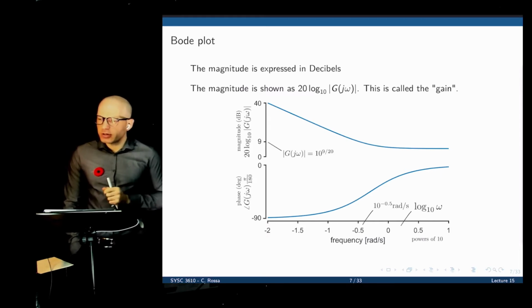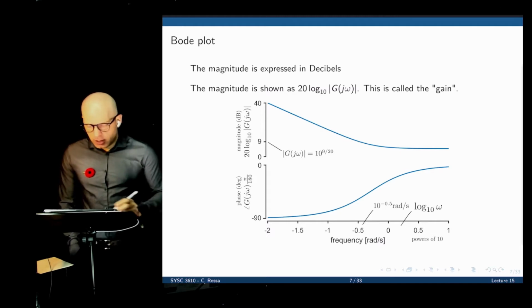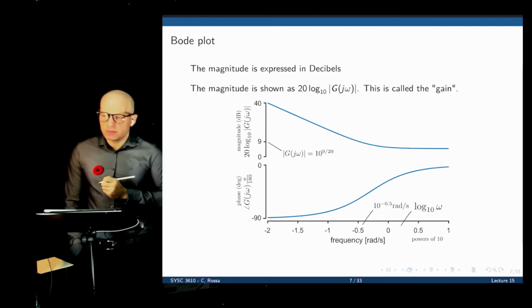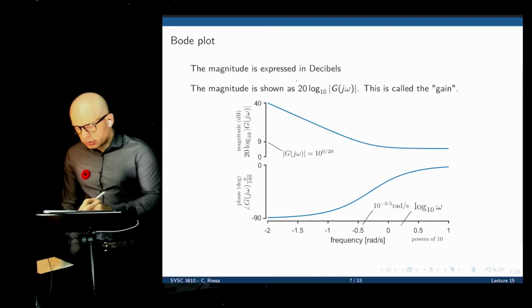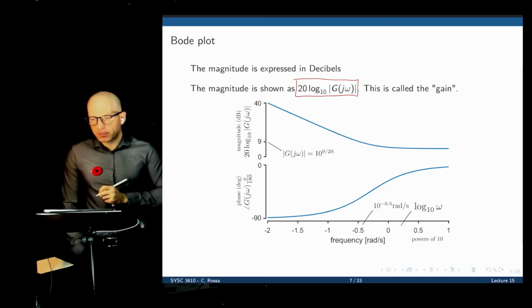It's kind of an arbitrary unit that we use now, but it comes from that era. Simply, instead of plotting log 10 of G(jω), we are going to look at 20 log 10 of G(jω), and one unit of that is called 1 decibel.